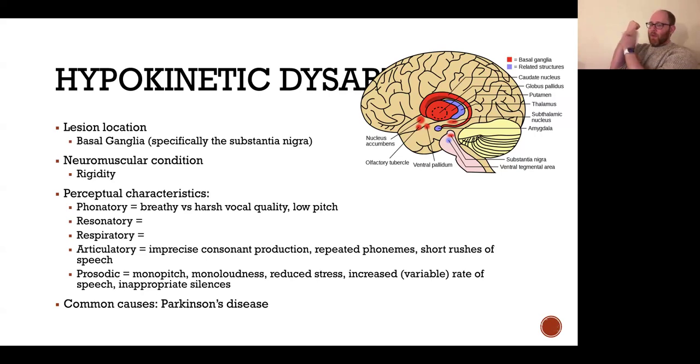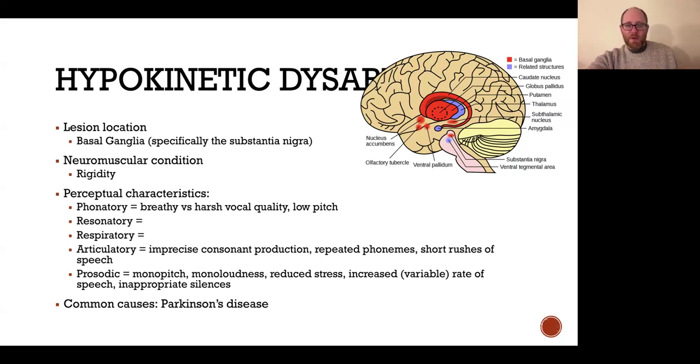If you're pushing their arm, it might be like that, because their muscle is rigid and doesn't really want to move. They can move it, but it's more rigid in the movement like that. So keep that separate from spasticity. You might think they're similar, but they are different.